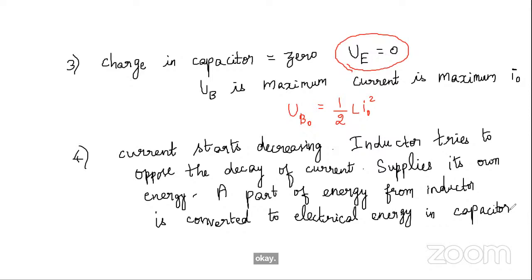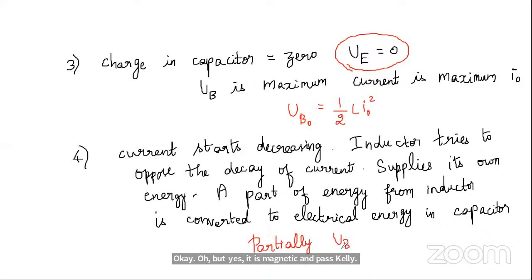Here also the total energy is the sum of electrical and magnetic energy, but it is partially magnetic field energy, UB, and partially electric field energy, UE.